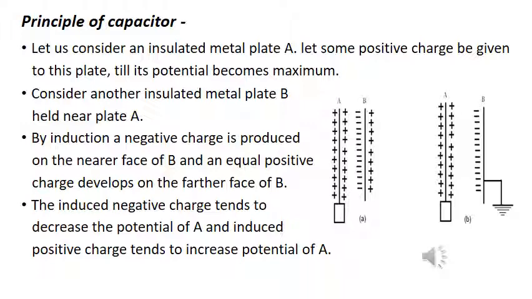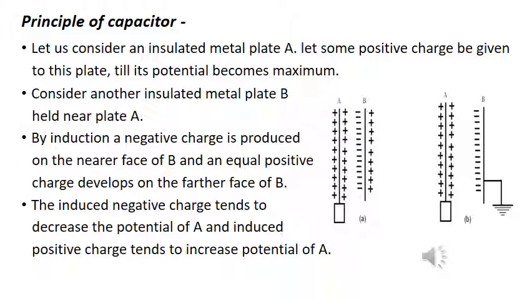By induction, a negative charge is produced on the nearer face of B and an equal positive charge develops on the farther face of B, as shown in figure A.